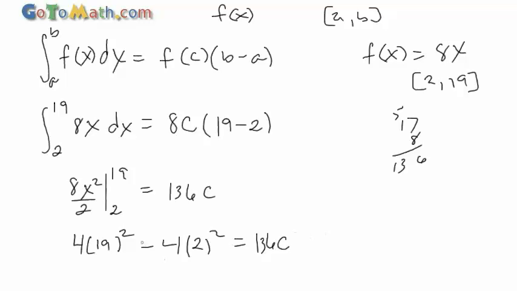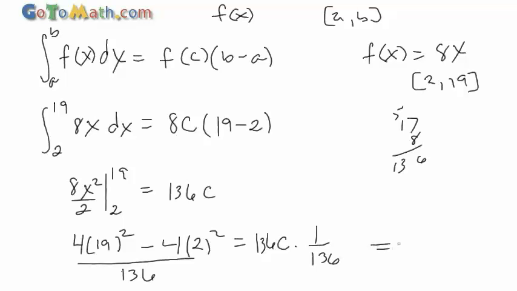Alright, so multiply both sides by 1 over 136, and then plug that into the calculator and see what happens. So 4 times 19 squared minus 16, and then divide that by 136, and I think we should be getting an exact value for this.